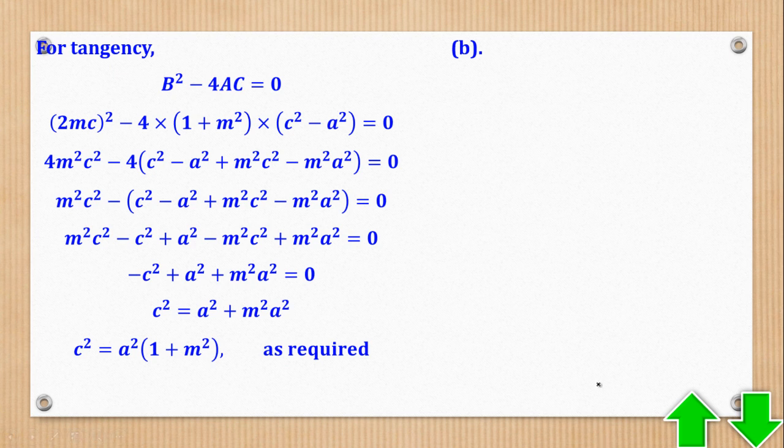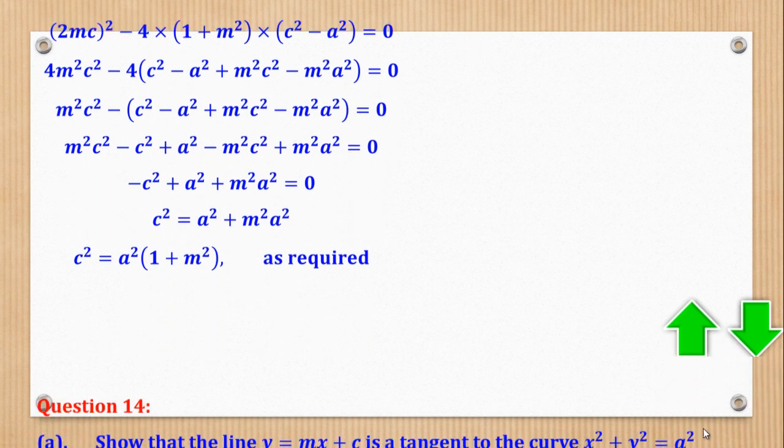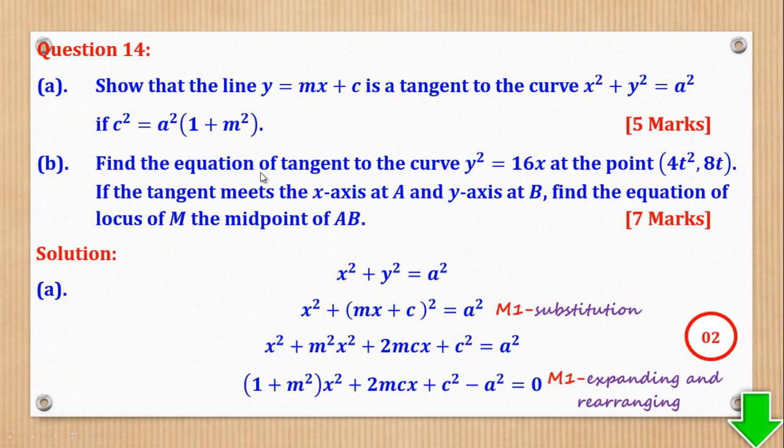Then part B. Part B, they said, find the equation of tangent to the curve this at the point this. If the tangent meets the x-axis at A and y-axis at B, find the equation of the locus of M, the midpoint of AB.